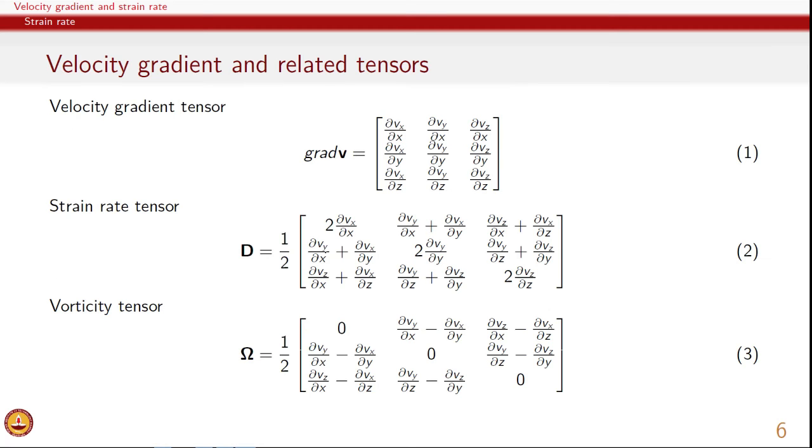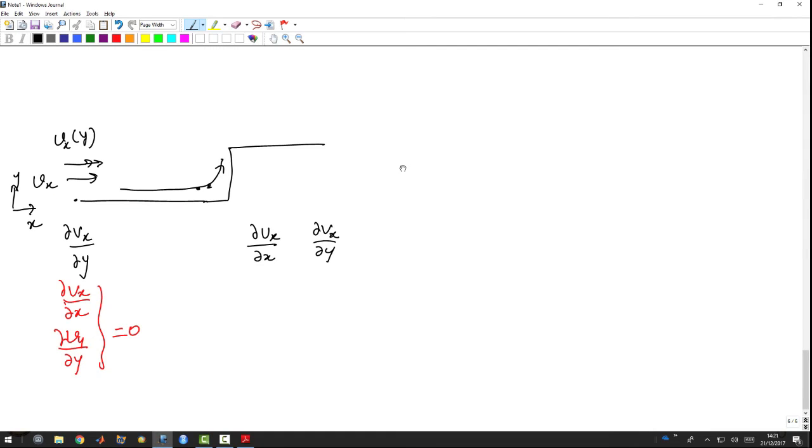Since we are discussing a two-dimensional case, we will only have these 4 terms, and so we have del Vy by del x, and then del Vx by del y and del Vy by del y.